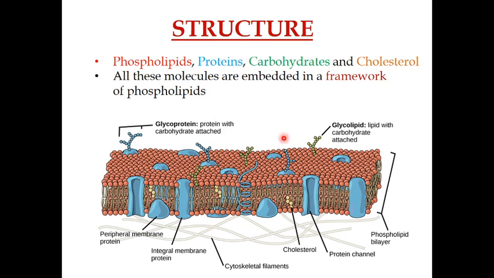Coming to the structure itself, the cell membrane consists of phospholipids. These words are repeating, so get these technical terms by writing them down or repeating them many times, and you will be able to memorize them. Phospholipids are lipids containing a phosphate group.